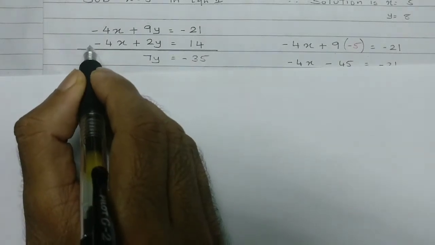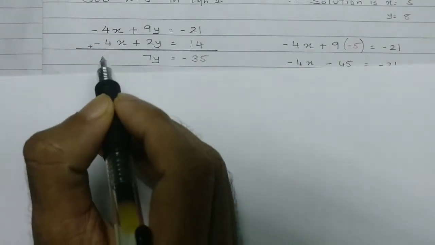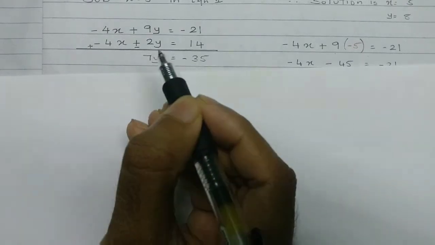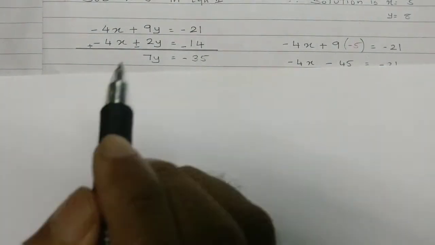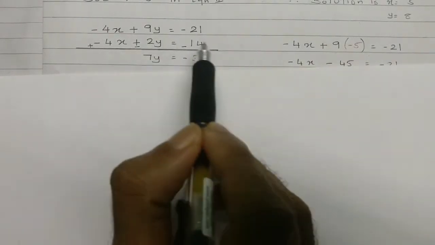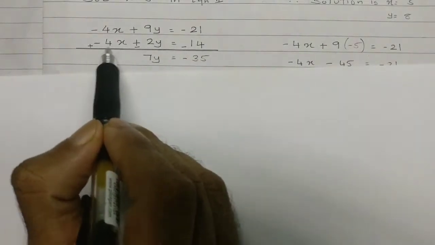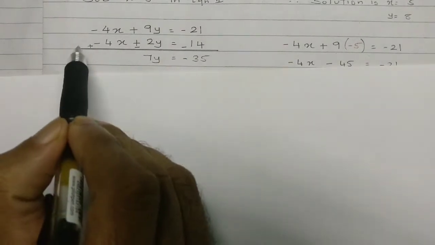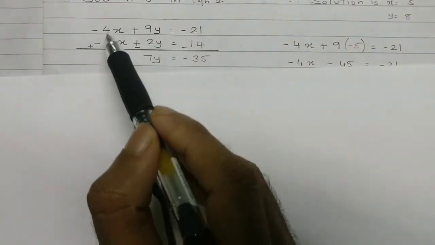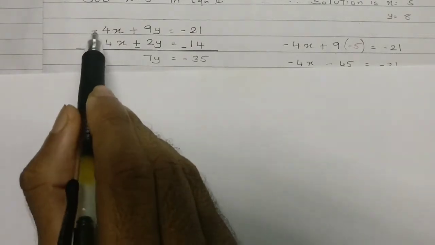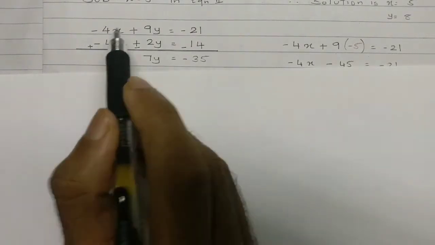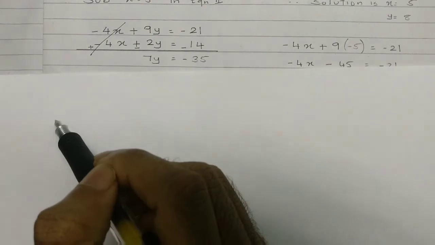So negative will become positive, positive will become negative, and positive will become negative. From now on, for this equation, we are going to consider these signs, whichever I have written. So the moment this is positive 4x, I have different signs and the same coefficients, which can be cancelled off.